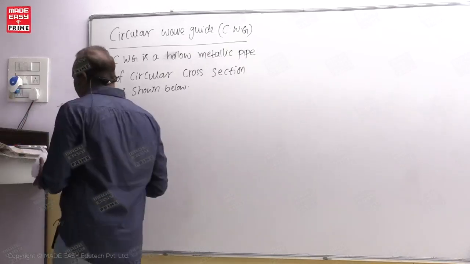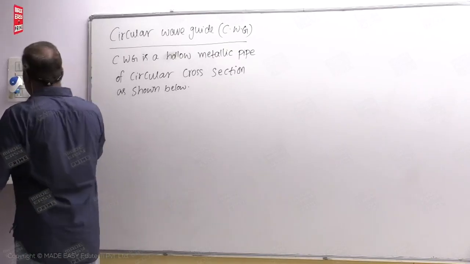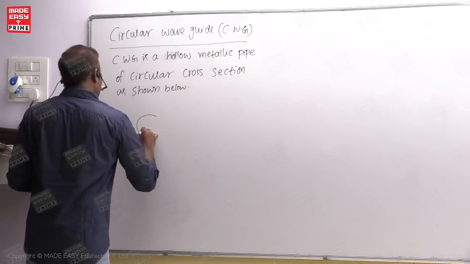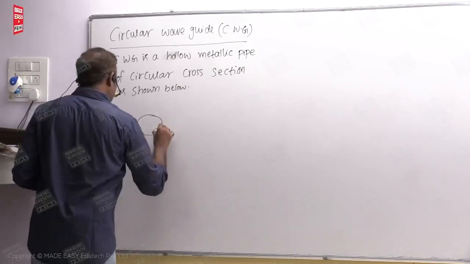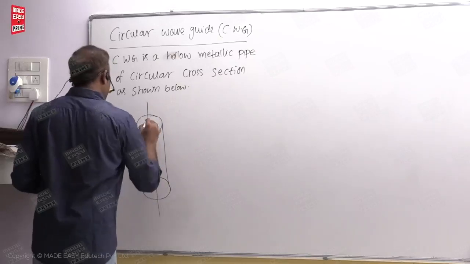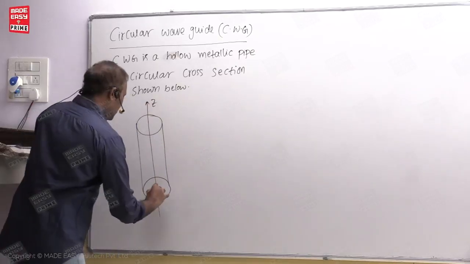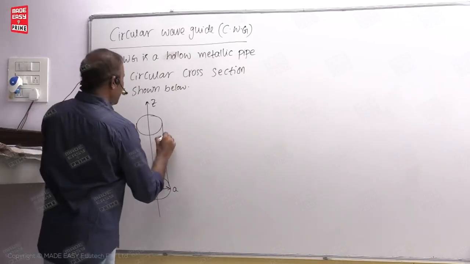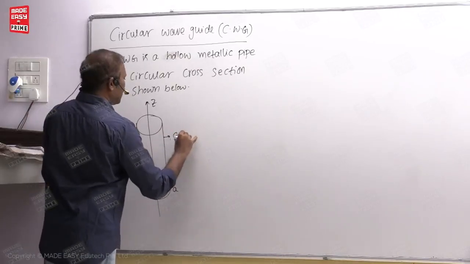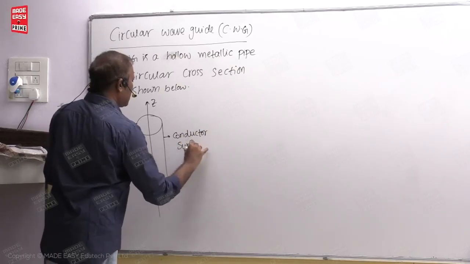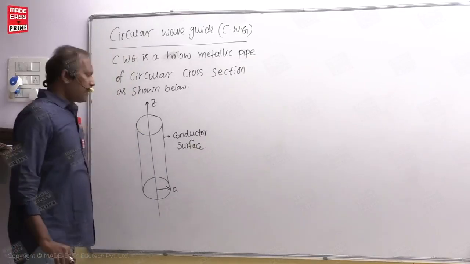Now this is the cylindrical waveguide, and this one is the z axis, and this is small a, and this one is the conductor surface.